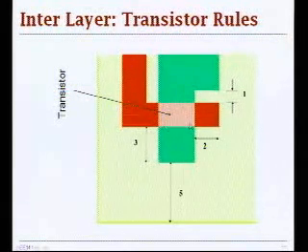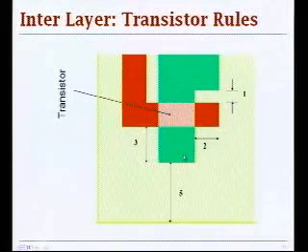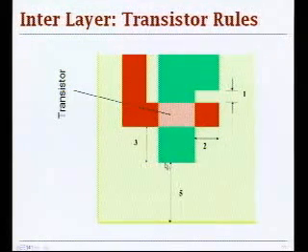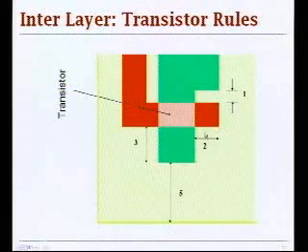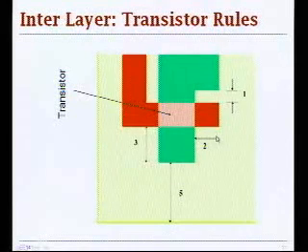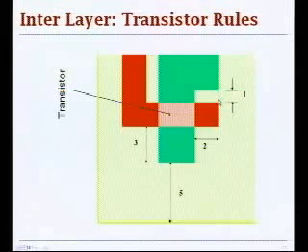That's the overlap of, this is underneath is the channel, and you have source and drain regions over here. So as you can see, these interlayer rules define things like minimum spacing from your active region to your well boundary. Then they also specify overlap of your polysilicon over your active area, and also the minimum distance between the two, and so on.